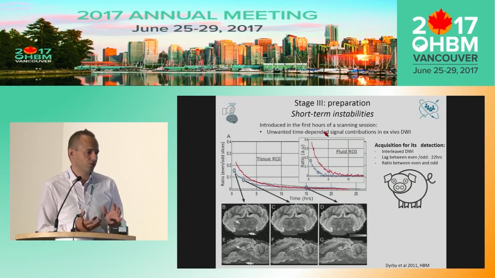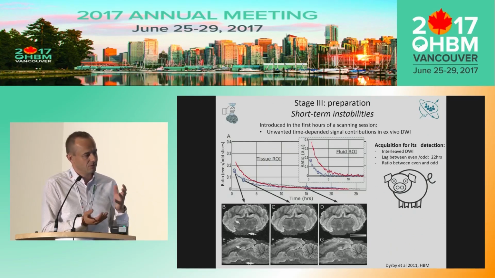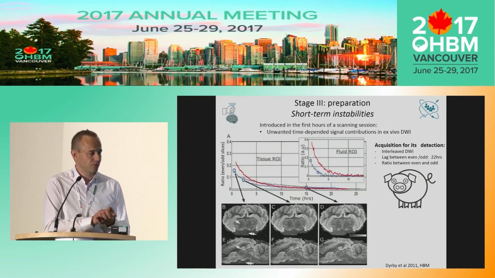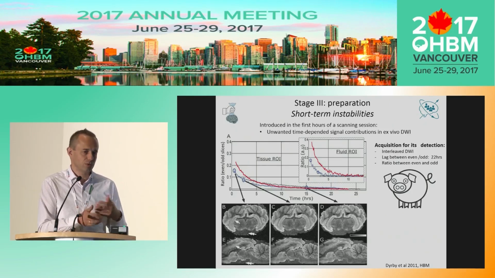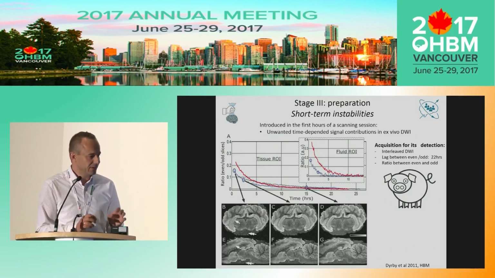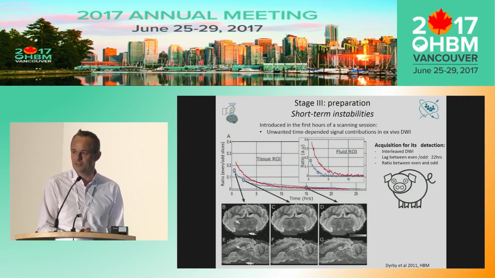This is common because when you handle the tissue on the construction and put it into the scanner, the tissue is a bit soft. So when you handle it and touch it, you introduce mechanical forces to it, and it will be like a spring that takes some time to stabilize. And we are measuring things at microstructural length scales, so it's important to ensure that these mechanical instabilities are not introduced in our setup.